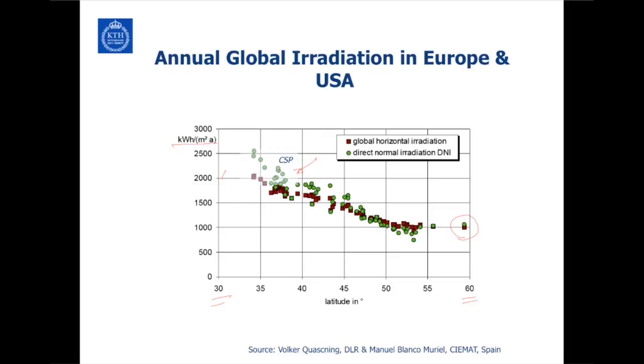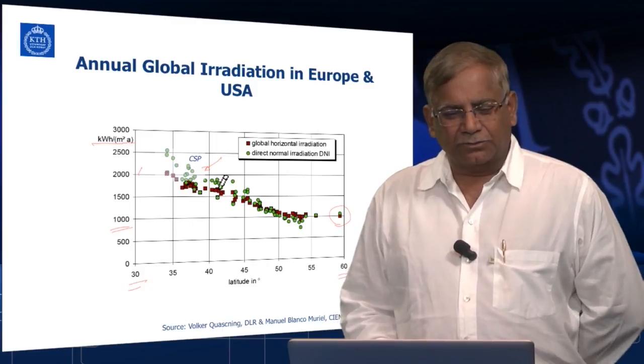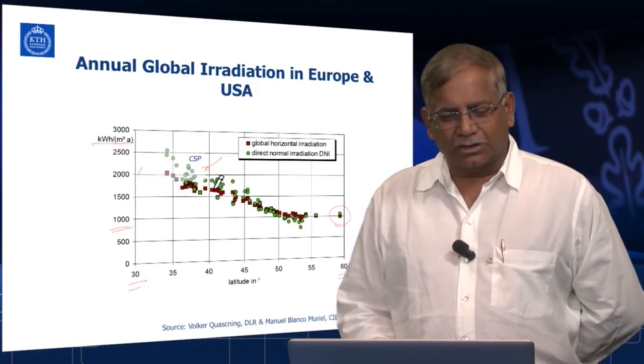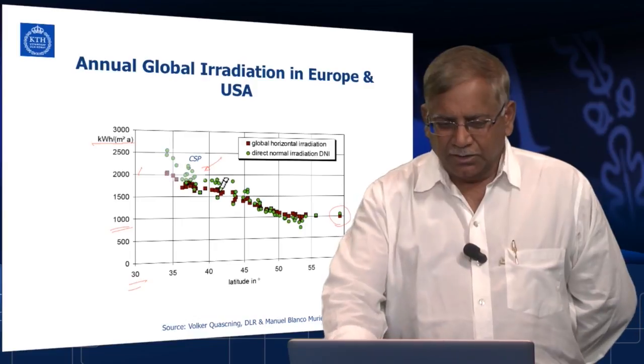But when you come to a high latitude like Stockholm, the insolation is about 1000 kilowatt hours per meter square. In India, which is somewhere around a lower latitude, they have pretty good insolation, typically between 1500 and 2000 all over the country.